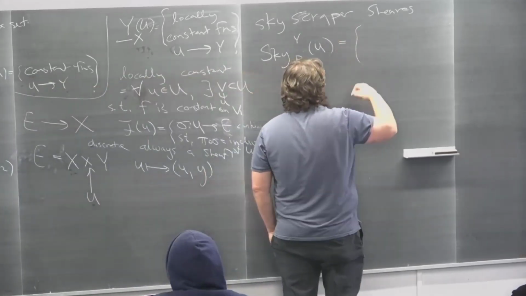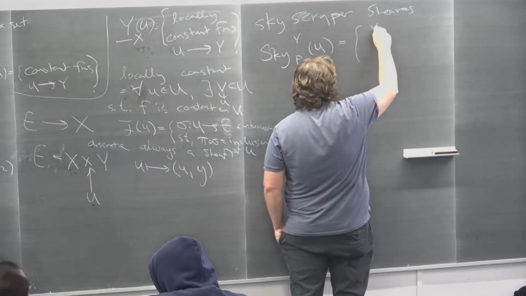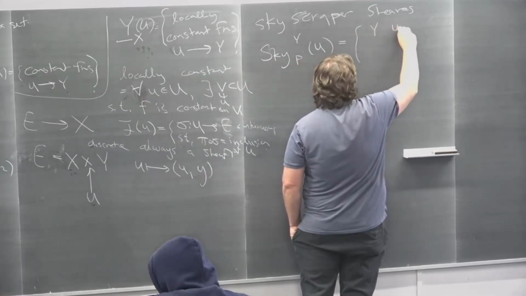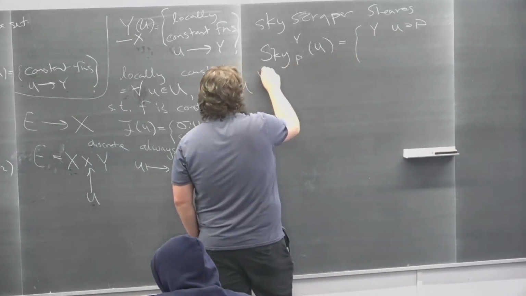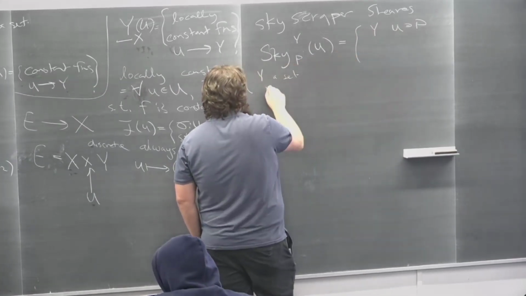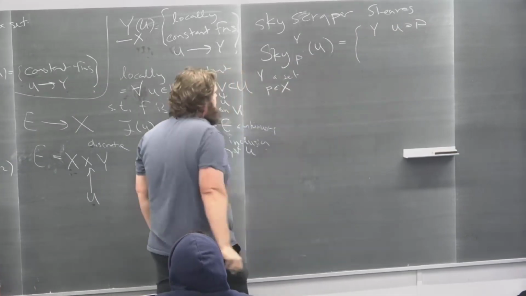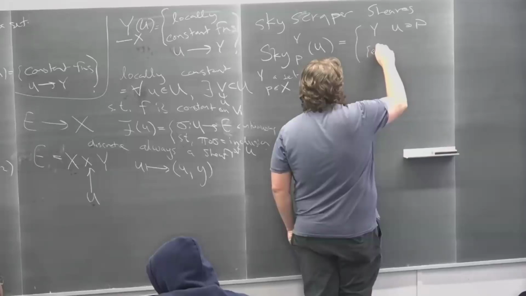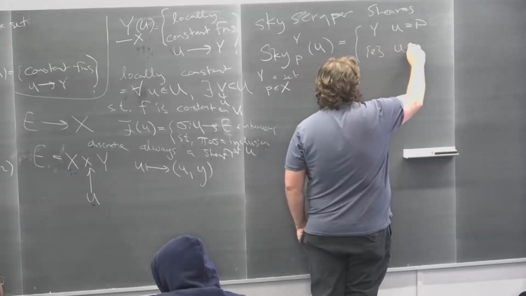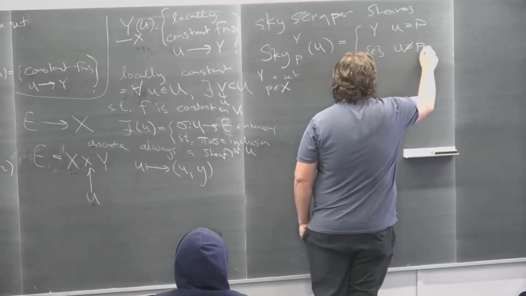So this assigns Y to any U containing p, for Y a set and some fixed p in X. And the one element subset if p is not in U.